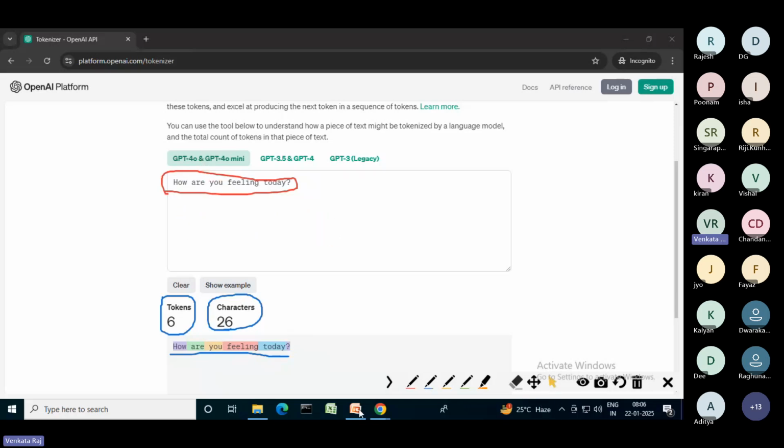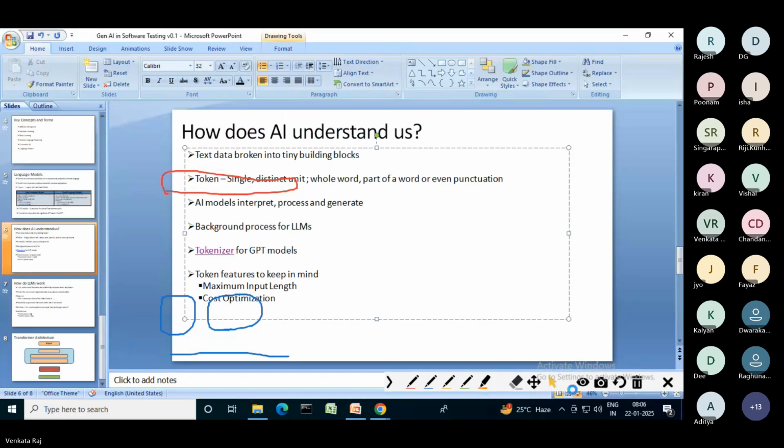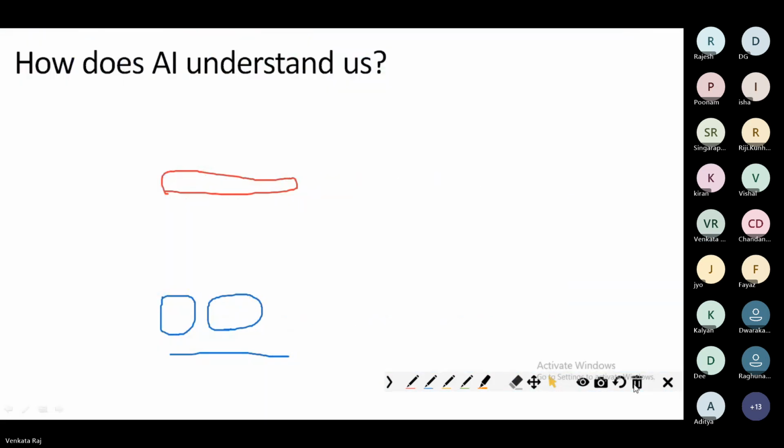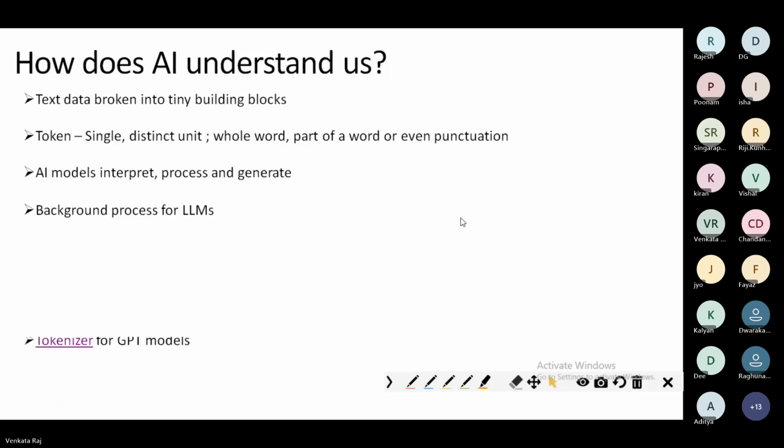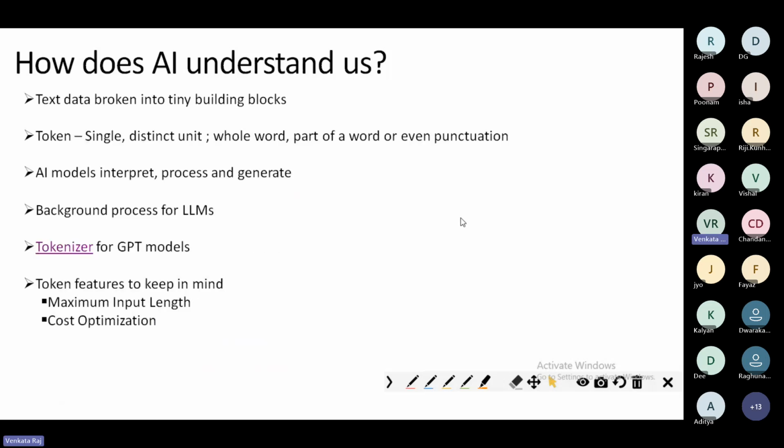Now, when it comes to tokenization, we need to keep the token features in mind. Maximum input length. Please understand that the LLMs can process a certain number of tokens only in a single request. You cannot keep on bombarding tokens to them.